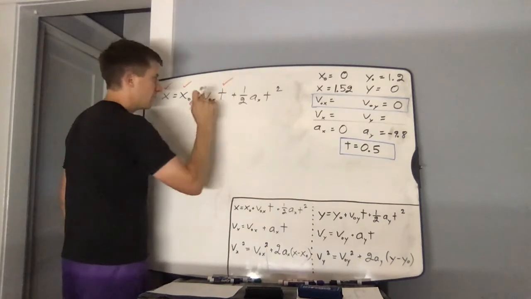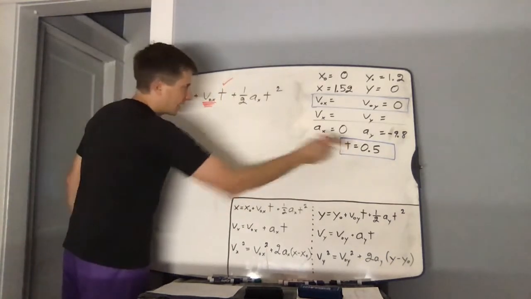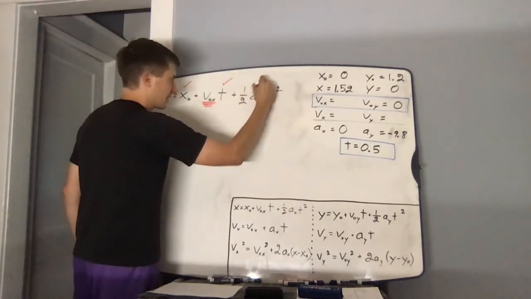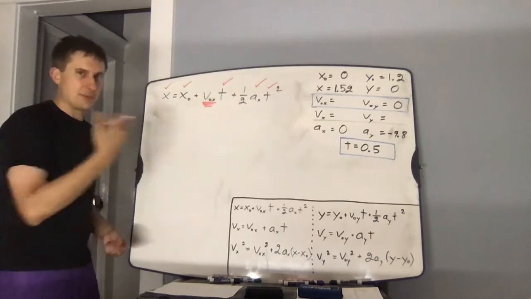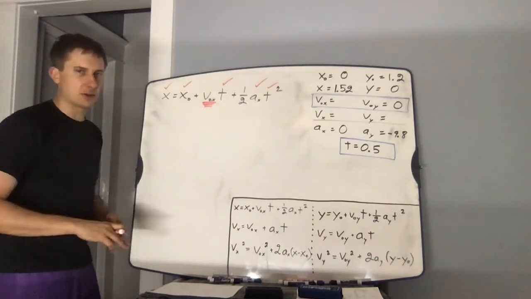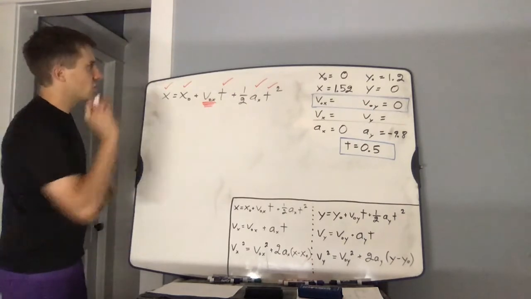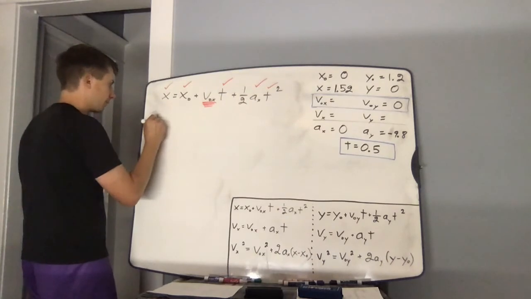I know time. I did not know time before I did part A of the problem, but I know time now. I know acceleration in the x, and I know time. So again, I'm at a scenario where I can plug numbers in everywhere and hit enter on the calculator and be happy. So 1.52 for x final.